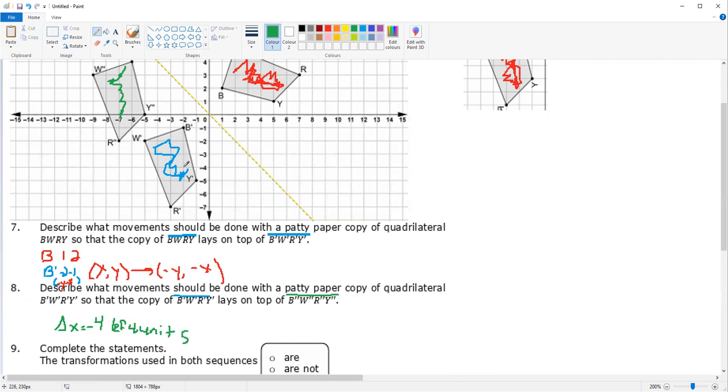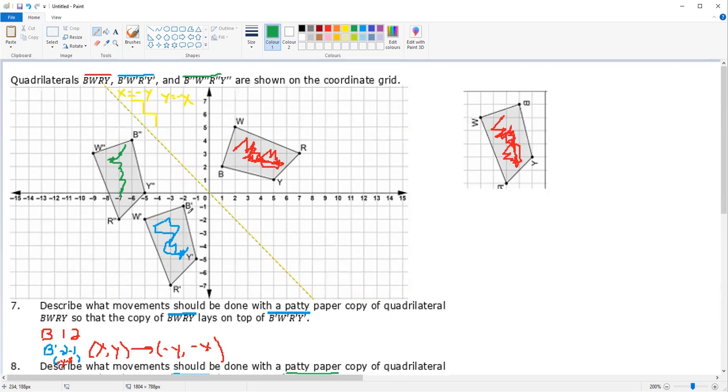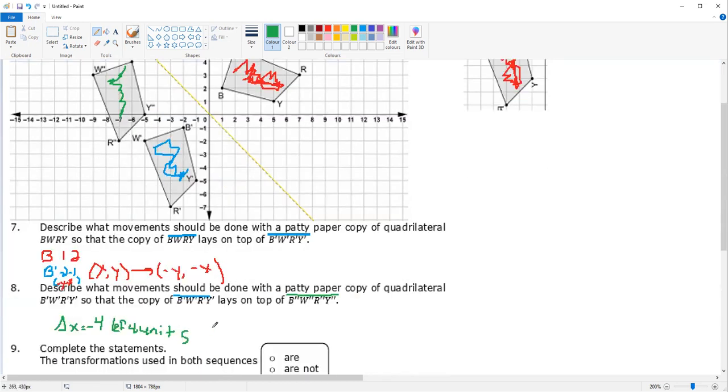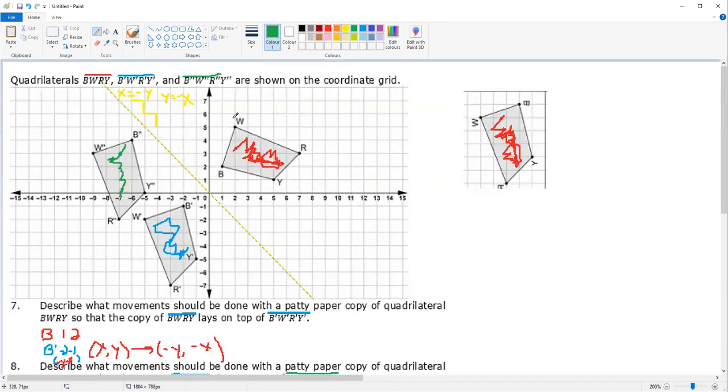And then B goes from negative 1 to 4. That's 5 units up, or delta y is positive 5. That's if I would have used my patty paper. If I could see through it, that would have been better.